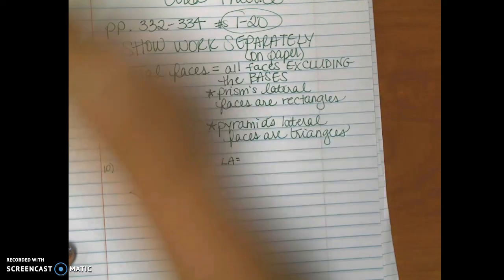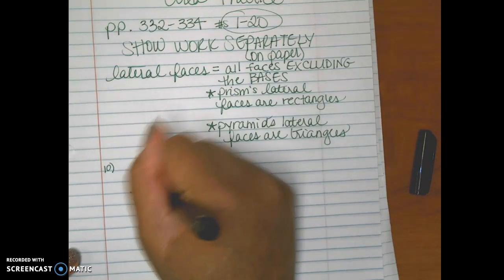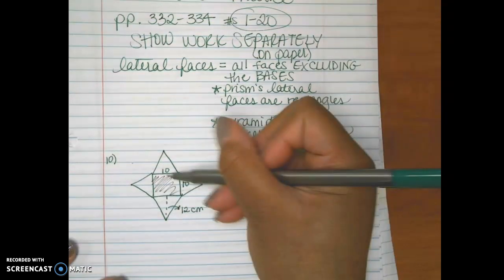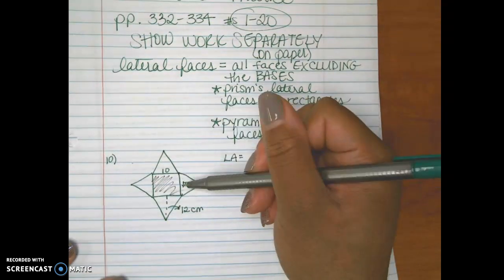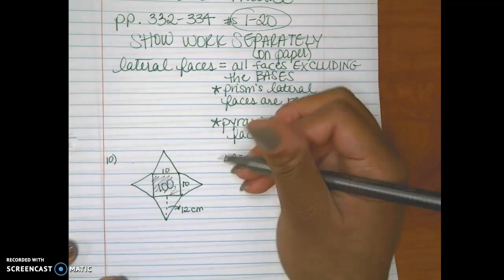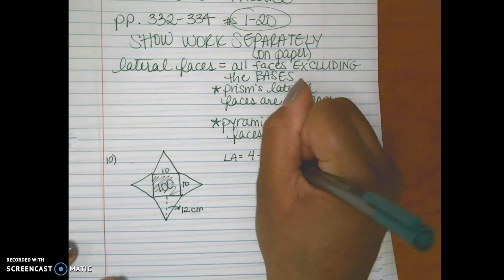My lateral area is everything that's not a base. So this is my base right here. And if I find the area of this square, that's a 10 by 10, which is 100. And then my lateral area would be 4 triangles.